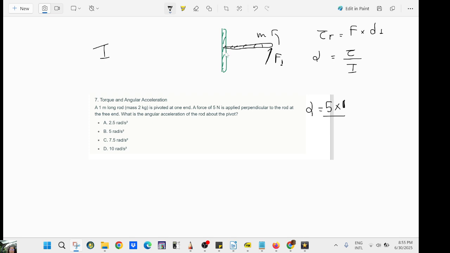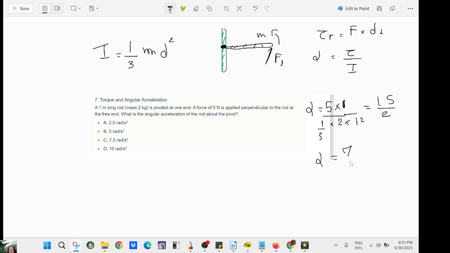And the moment of inertia for a rod rotating at one end is going to be 1/3 the mass times the distance squared. So it's going to be 1/3, the mass is 2, and the distance squared is 1 squared, which gives 15 divided by 2.